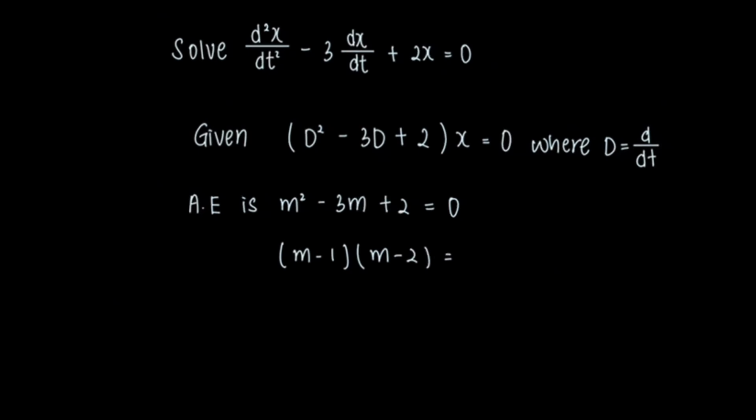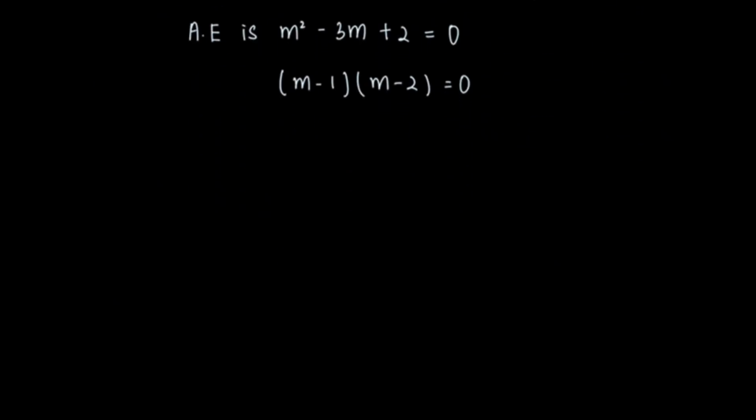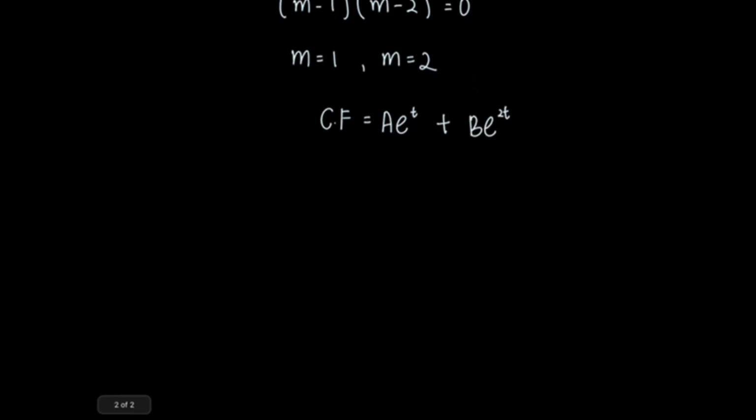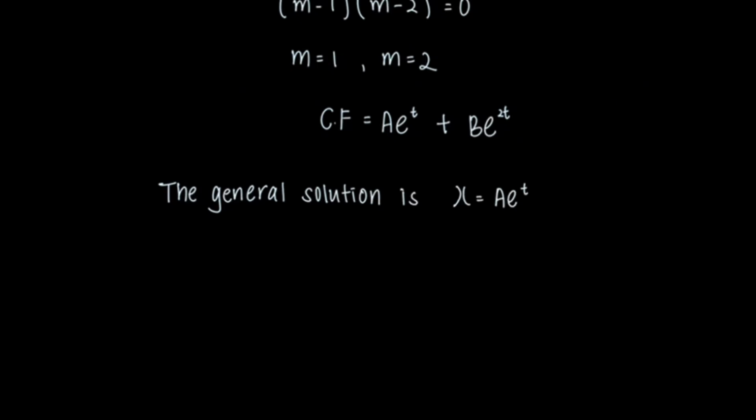After solving the equation, we get m is equal to 1 and also m is equal to 2. After that, we will get the complementary function, which is equal to a e to the power of t plus b e to the power of 2t. Also, the general solution will be x is equal to a e to the power of t plus b e to the power of 2t. That's all for this question.